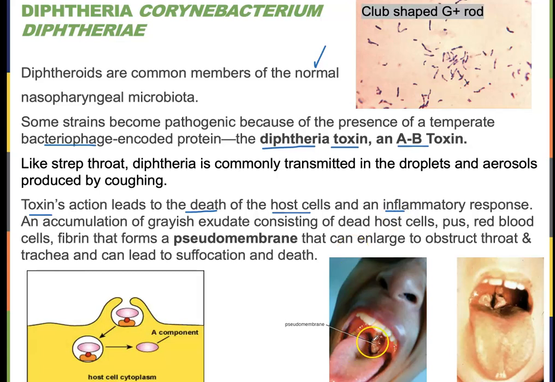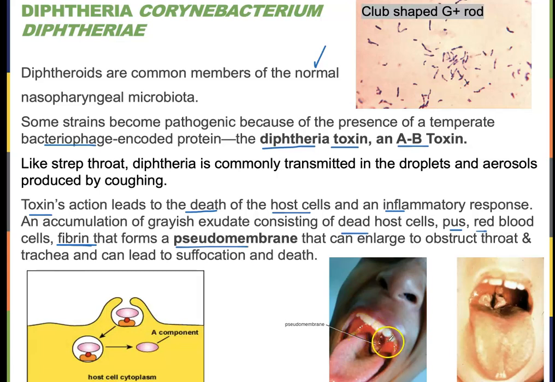That grayish pseudomembrane we saw before is a collection of dead host cells, pus, red blood cells, white blood cells, and fibrin. Fibrin is a protein that is part of, not immune response, sorry, it's clotting. It is a clotting factor that forms a blood clot, like when you start bleeding and your body can stop the bleeding. Fibrin is very tough, and that's what knits everything together. And so we have a pseudomembrane.